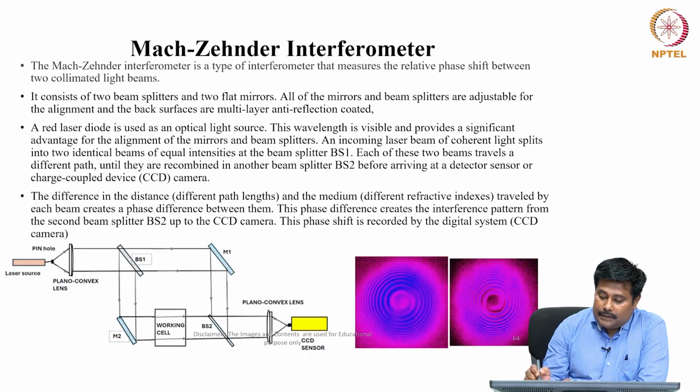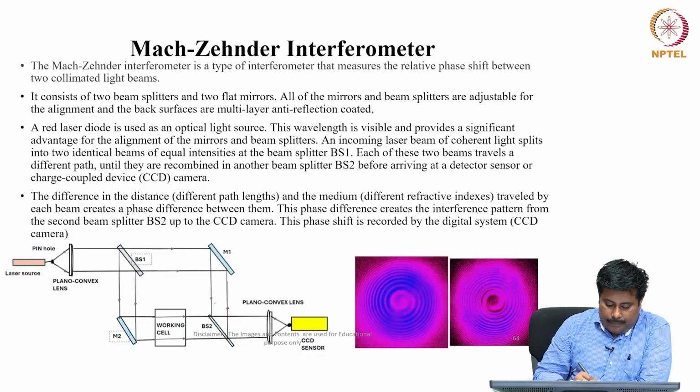An incoming laser beam of coherent light splits into two identical beams of equal intensities at the beam splitter BS1. Each of these two beams travels a different path until they combine together at BS2 before arriving at the detector, or a charge coupled device.